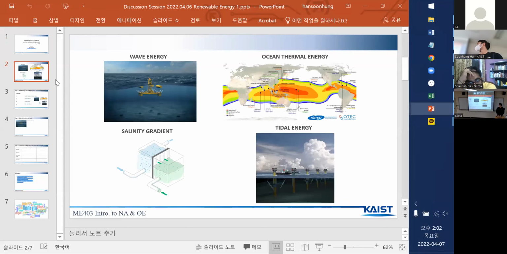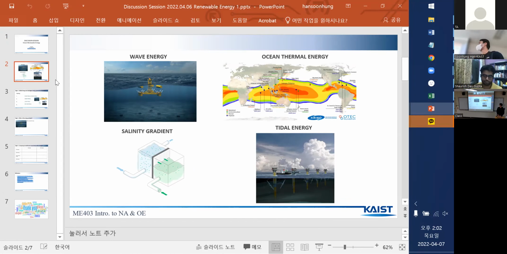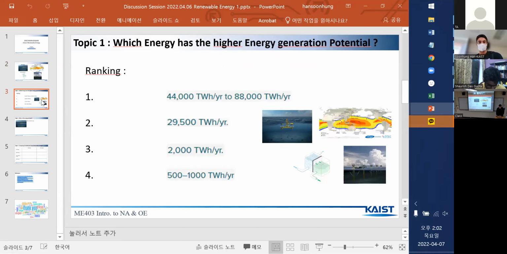As you saw in the previous lectures, there are different possible technologies to use ocean energy. First, I would like to talk about two small topics before the third one. For the first one, let's focus on these four energies and have a little quiz.